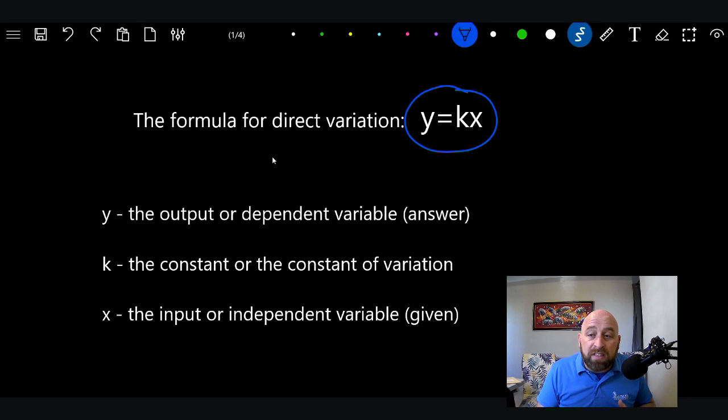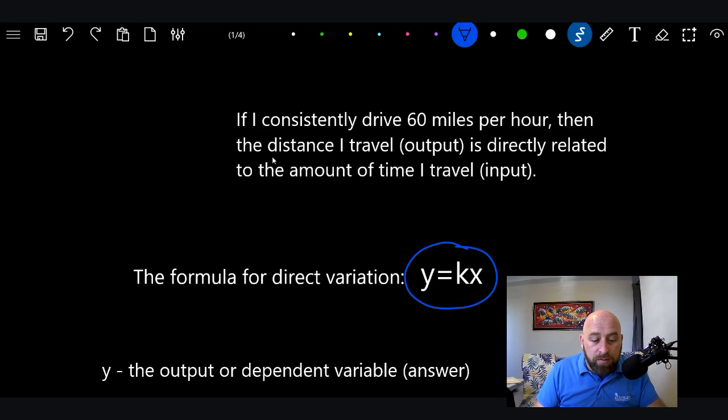Let's go back to our illustration here. What does the output, the distance that I travel, depend on? Well, it depends on the input. How long did I drive? It also depends on something else.